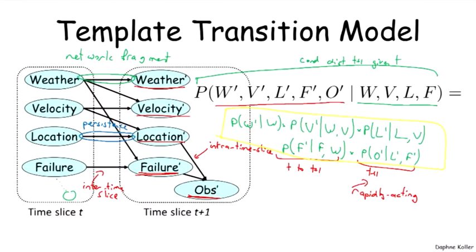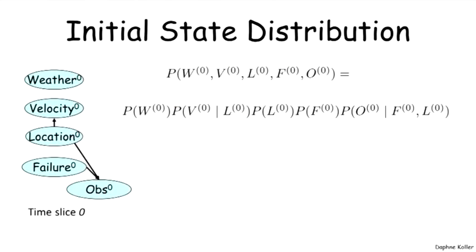And this is because the model doesn't actually try and represent the distribution over W, V, L, and F. It tries to represent the probability of the next time slice given the previous one. So as we can see, this graphical model only has CPDs for a subset of the variables in it, the ones that represent the next time point. So that represents the transition dynamics.